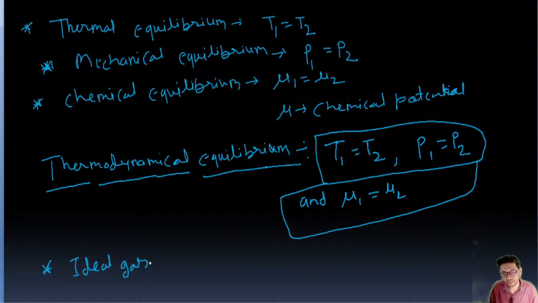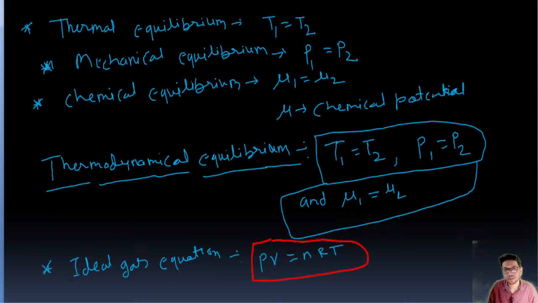Ideal gas equation is PV equals nRT, where P is very important, we'll use it. P is the pressure of the system.